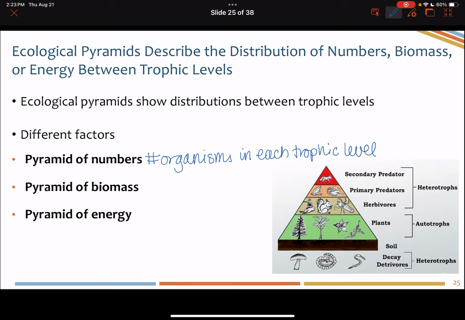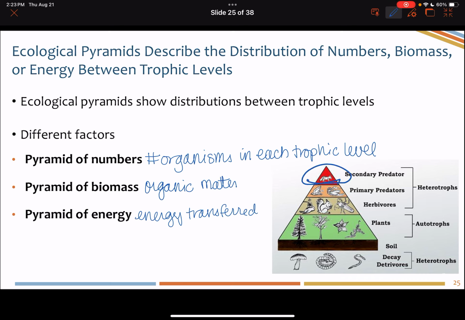For a pyramid of biomass, we are looking at the total amount of organic matter in each trophic level. And for energy flow, we are looking at how much energy is transferred between trophic levels.